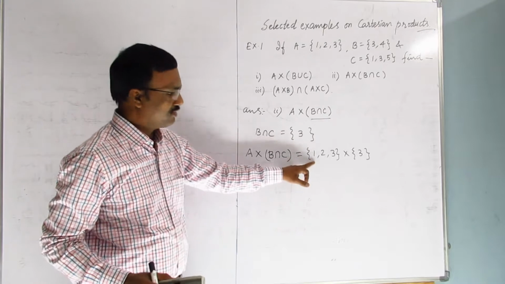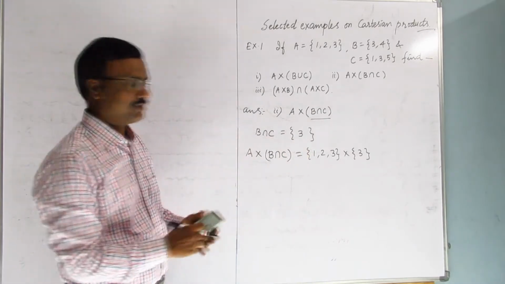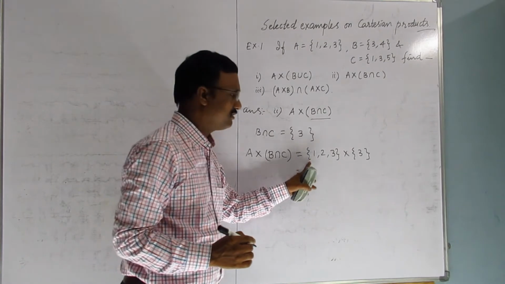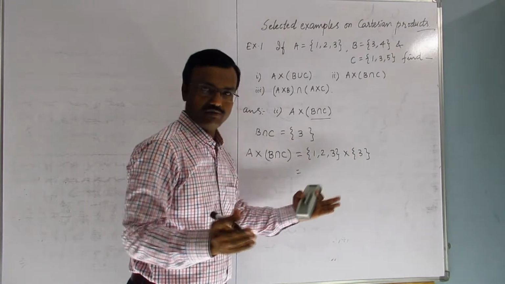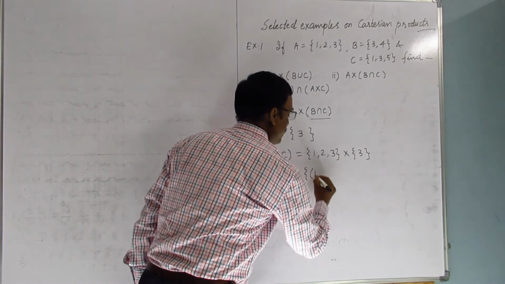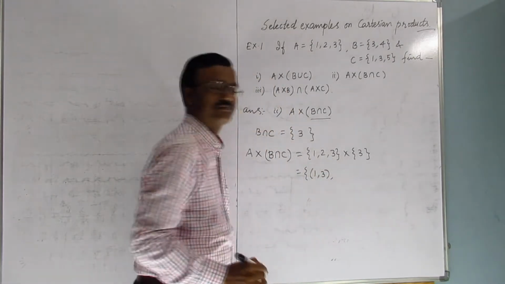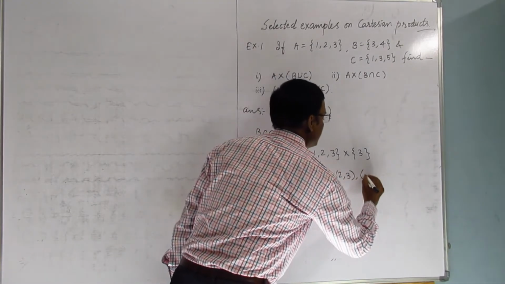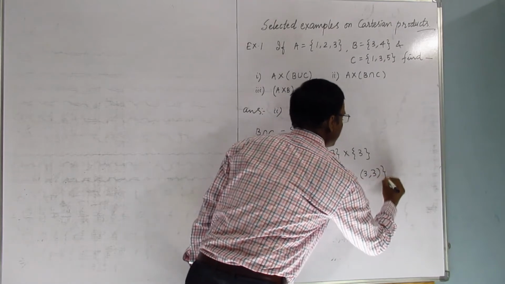Now actually find the Cartesian product one by one. Choose one element from the first set and one from the second set. In this way we find the Cartesian product. Now see, the first will be 1, 3, then the second will be 2, 3, and the third will be 3, 3.